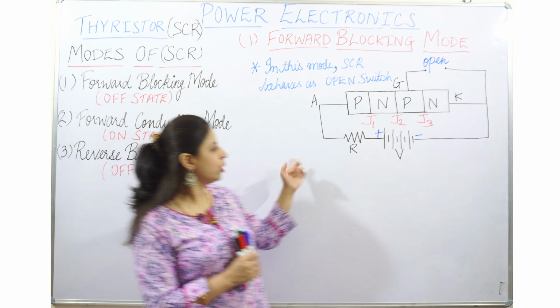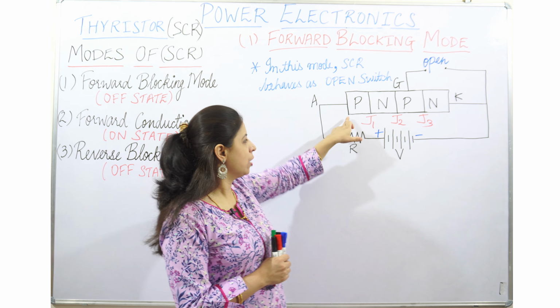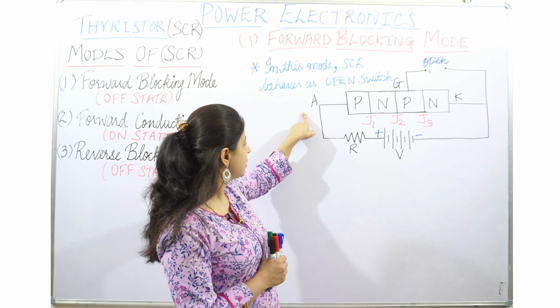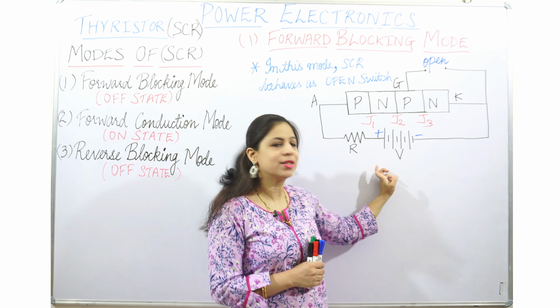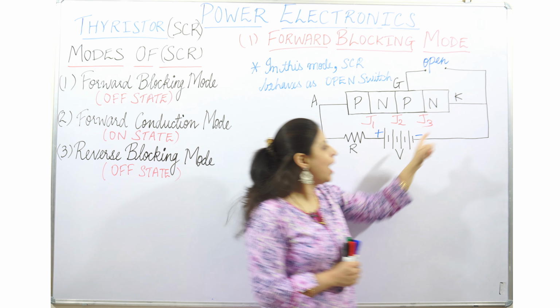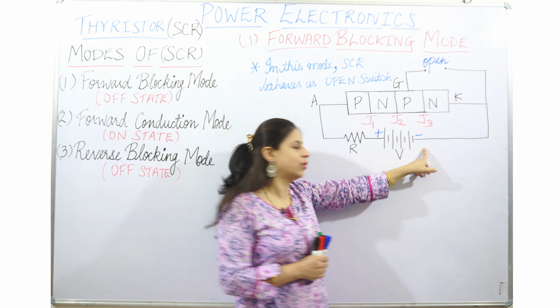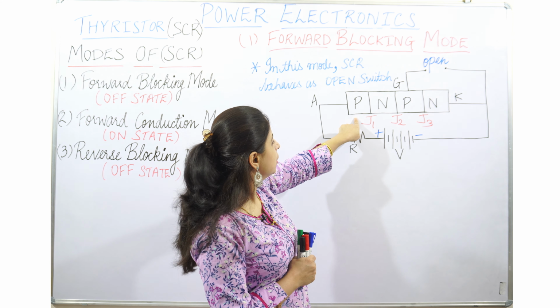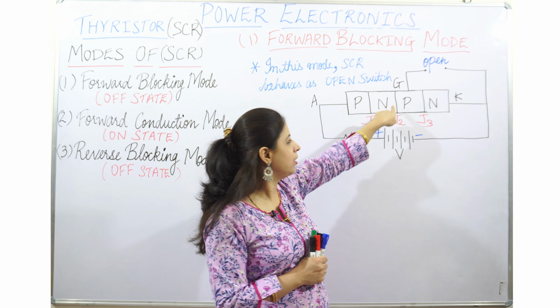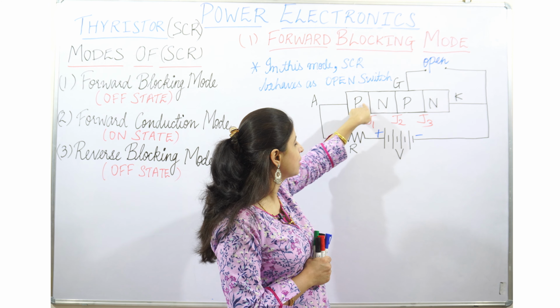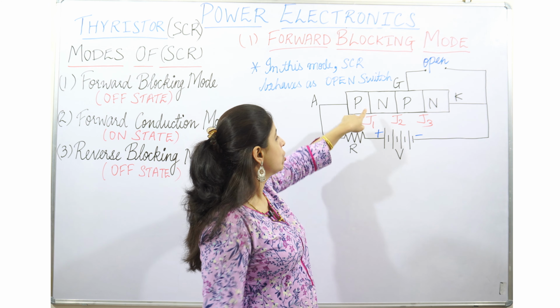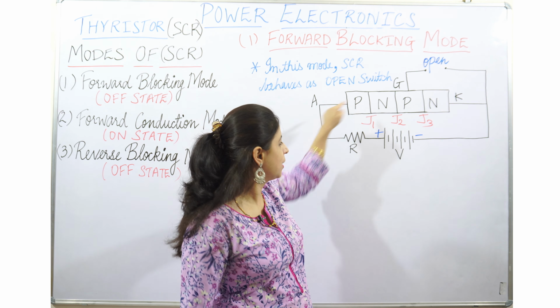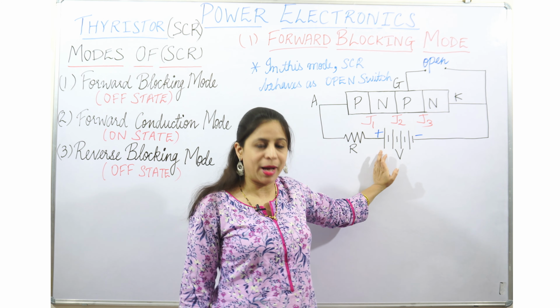In the forward blocking mode, the junction J1, or we can say the anode, is connected to the positive terminal of the battery, and the cathode is connected to the negative terminal of the battery. Junction J1 is comprised of P-type semiconductor and N-type semiconductor, and the P-type is connected to the positive terminal of the battery.